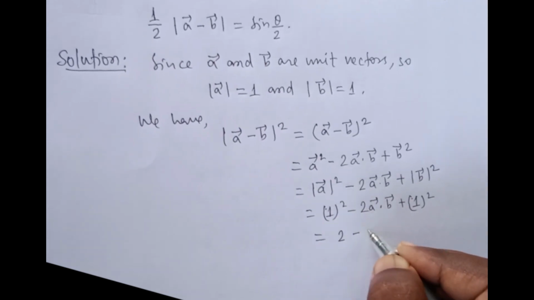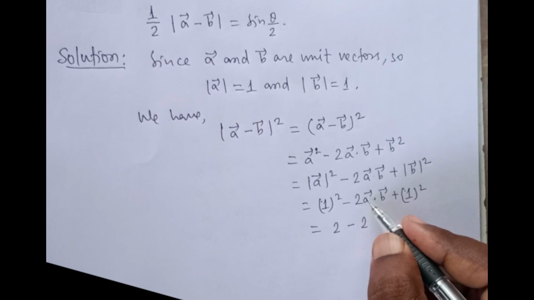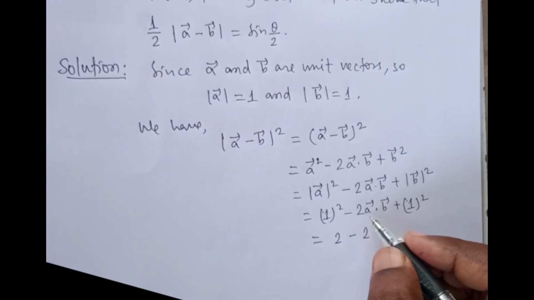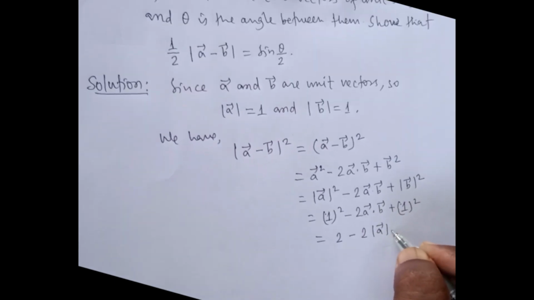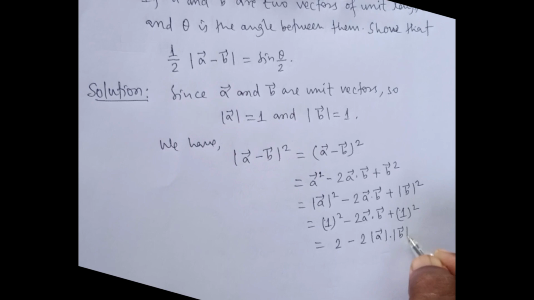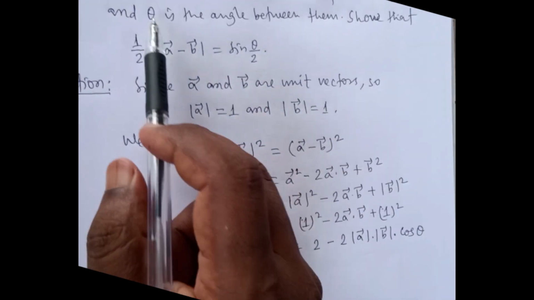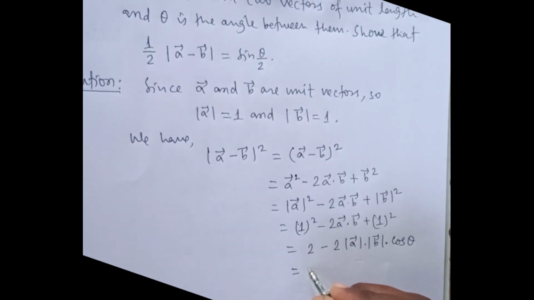is equal to 2 minus 2 A vector dot B vector, and by the definition, A vector dot B vector is modulus of A vector times modulus of B vector times cos theta, since theta is the angle between A vector and B vector.